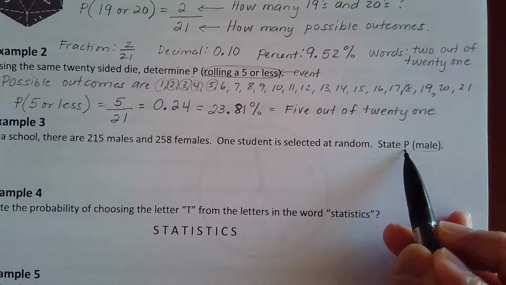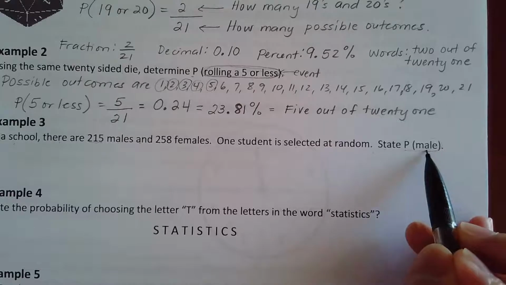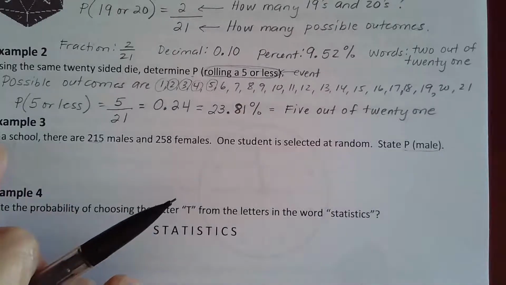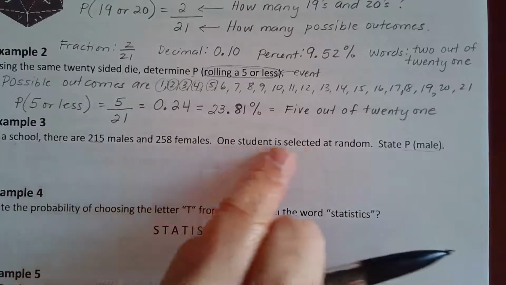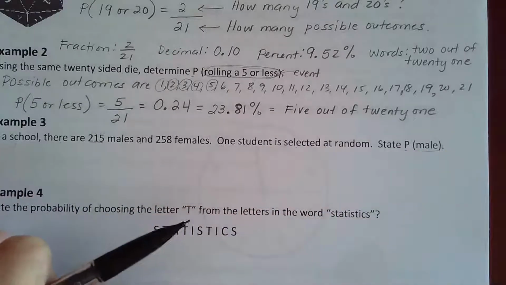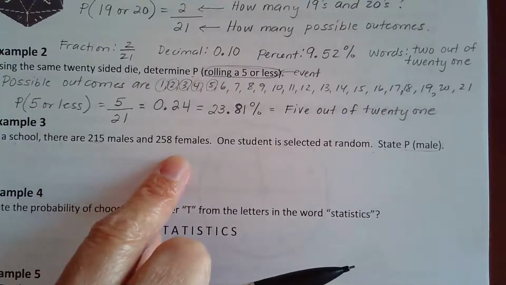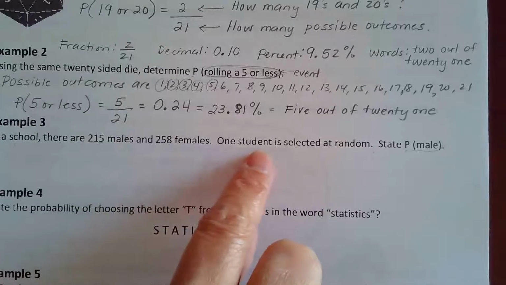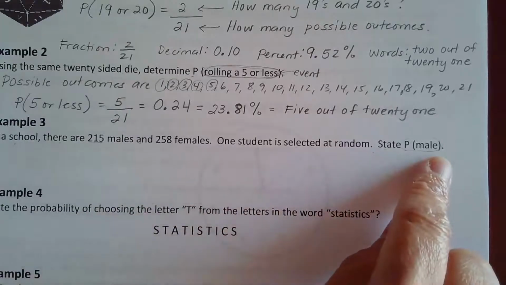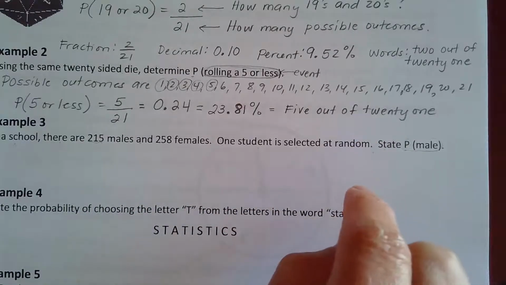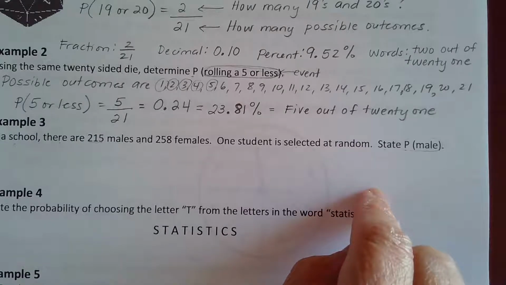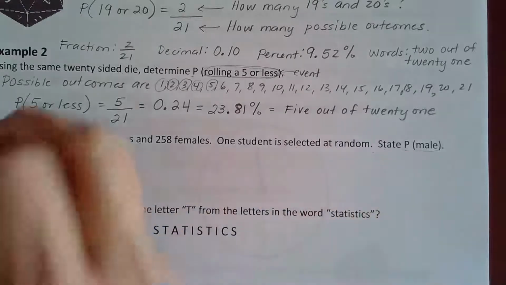P means probability of choosing a male. So if we line up all of our students in the school, there's 215 males and 258 females. So what is the chance of selecting a male?